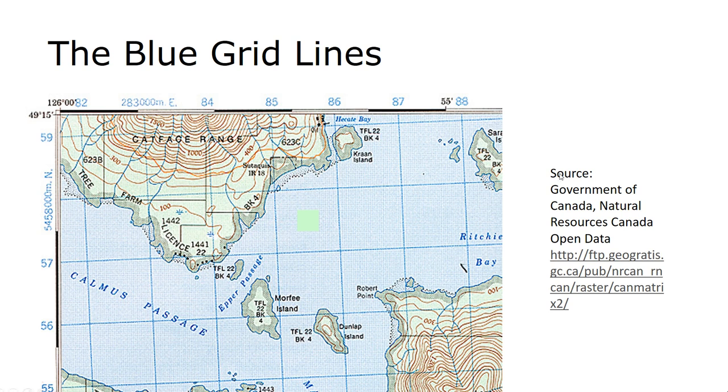So here is a map. It's got grid lines on it. On any NTS sheet, you're going to find some numbers along the top, generally blue. You'll see here it says 283,000 meters east, and down here we have 5,458,000 meters north. So we have eastings and northings, and these grid lines are all a rectangular Cartesian grid.